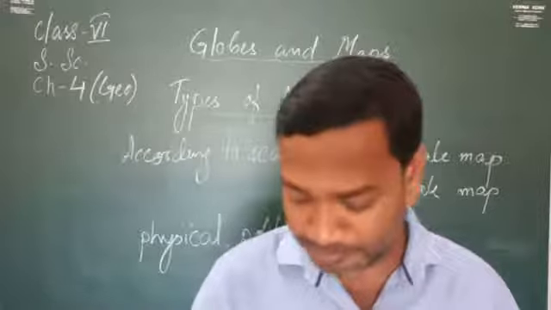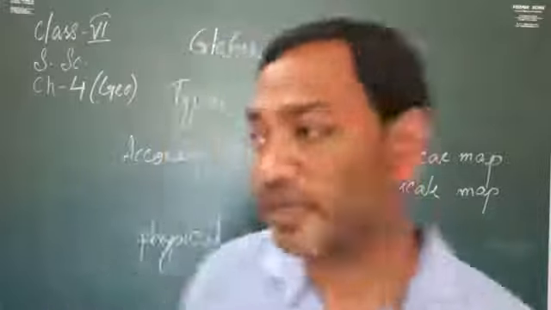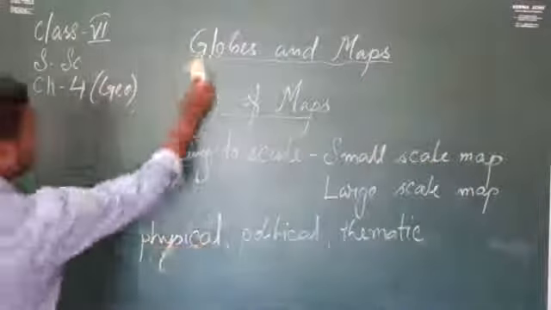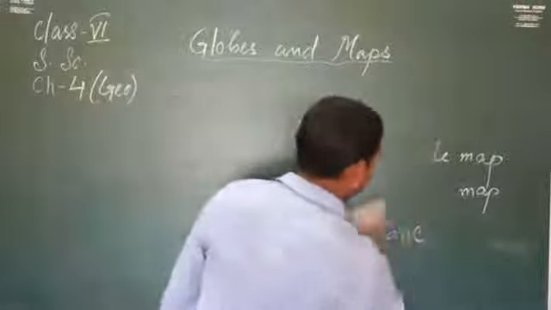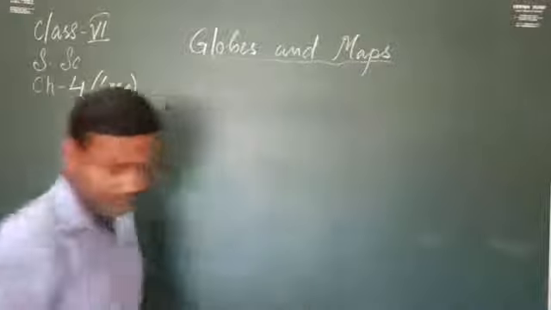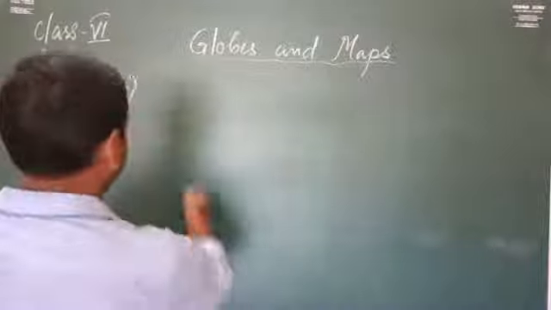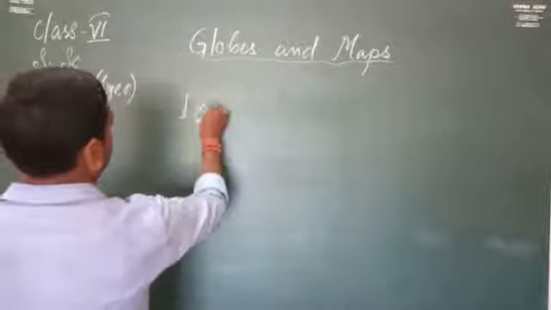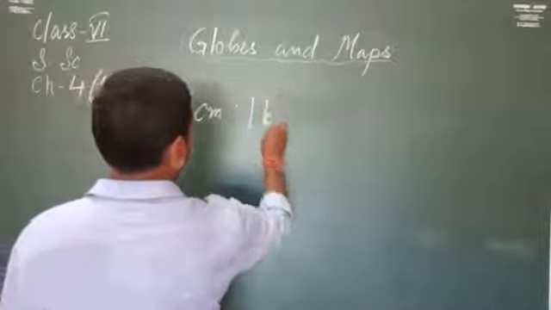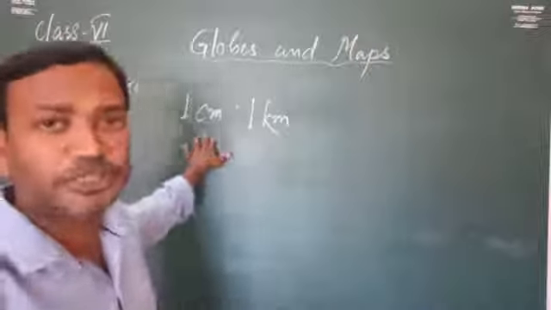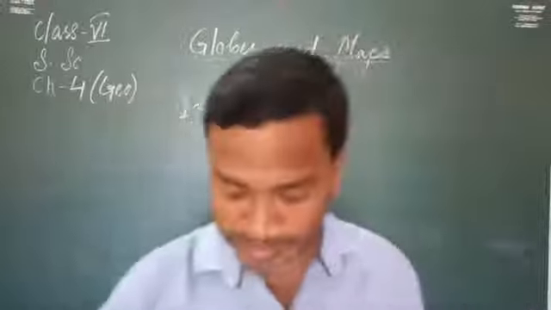Suppose the scale of a map is 1 centimeter to 1 kilometer, and it is written on the map.